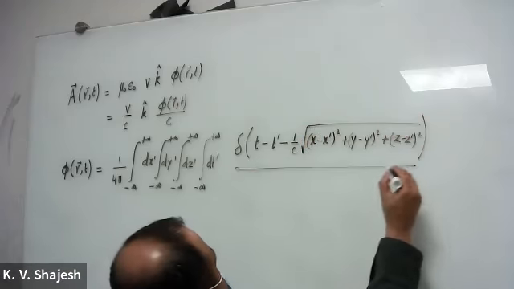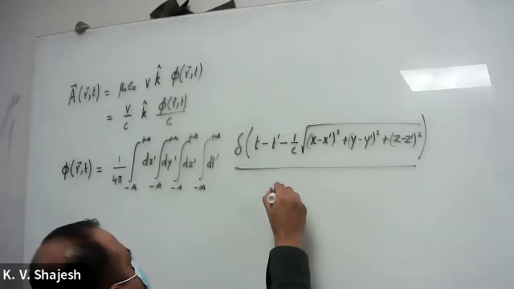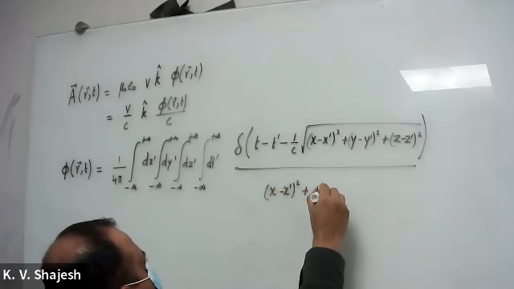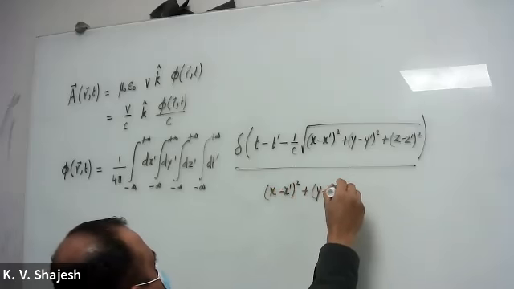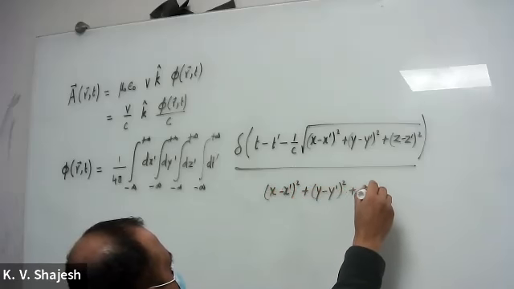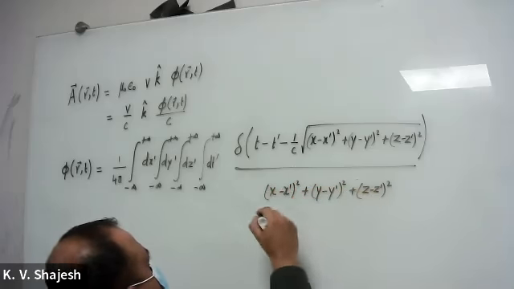And divided by the same here, the square root of x minus x prime squared plus y minus y prime squared plus z minus z prime squared.